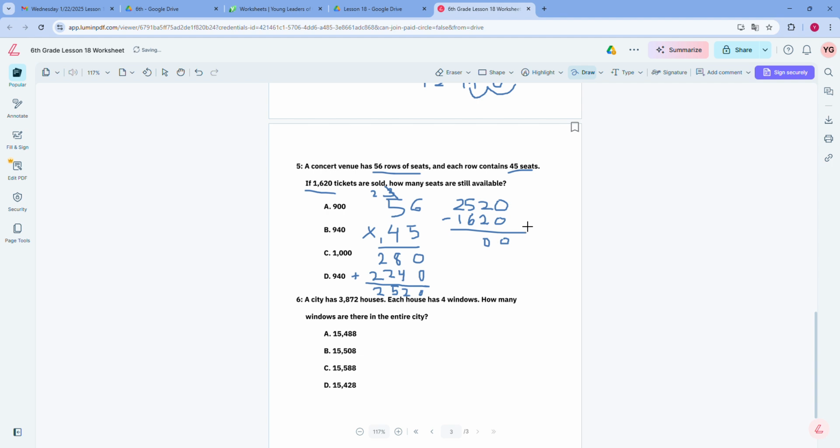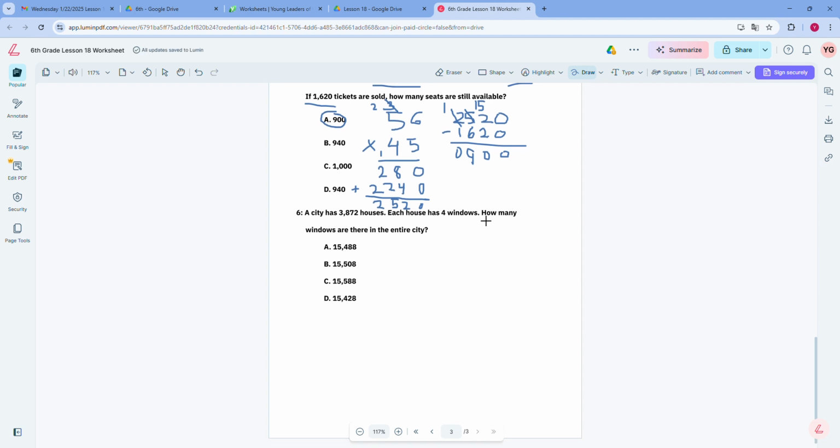So that's 0, and 2 minus 2 is 0. 5 minus 6, we can't do that, or we can, but not in this situation right now. So we would take out a 10 from 2, and then this would become 15. And that's 9, and that's 0. So the amount of seats available are 900.